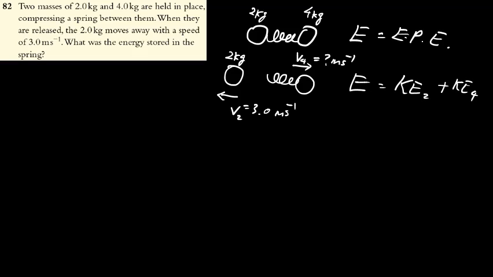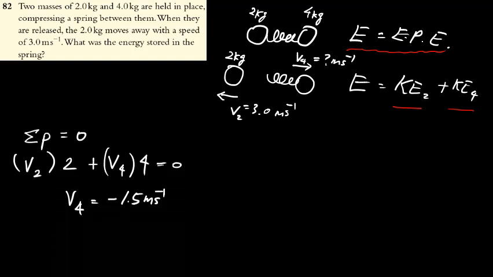Anyway, before the spring is released, you should know that the energy they store inside is the elastic potential energy in the spring. After that, this energy is converted into the kinetic energy, ideally, of those two objects.